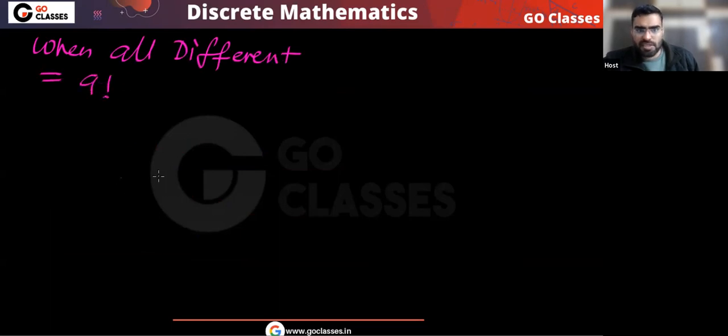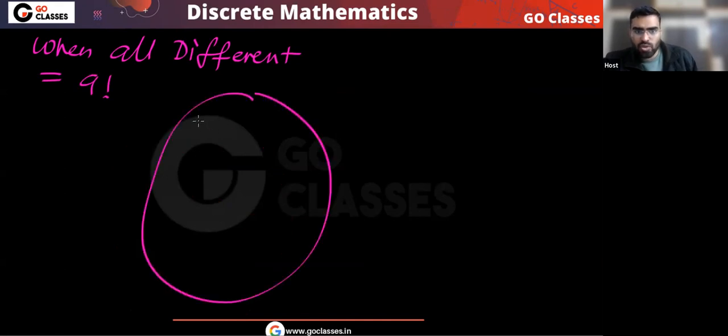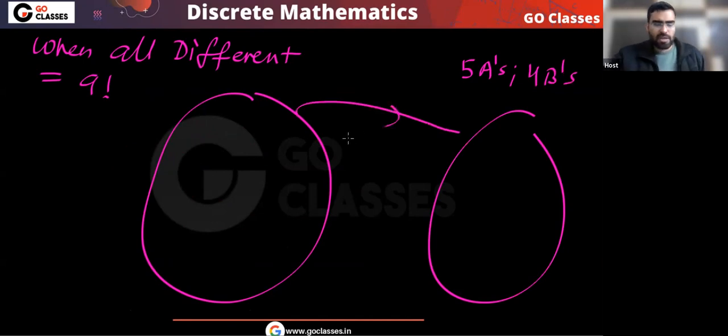When all are different, the answer is 9 factorial, because all are different, A1, A2, and so on. Now you have 5 A's and 4 B's, so what is this function? Can anyone tell me?